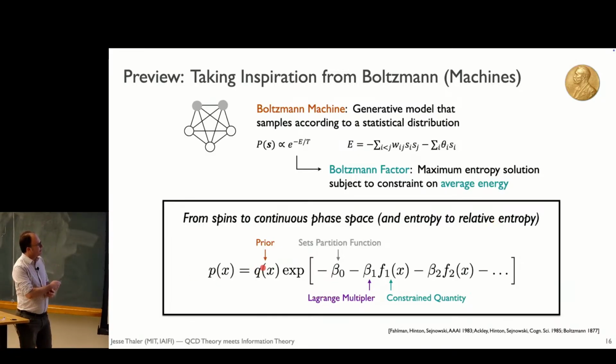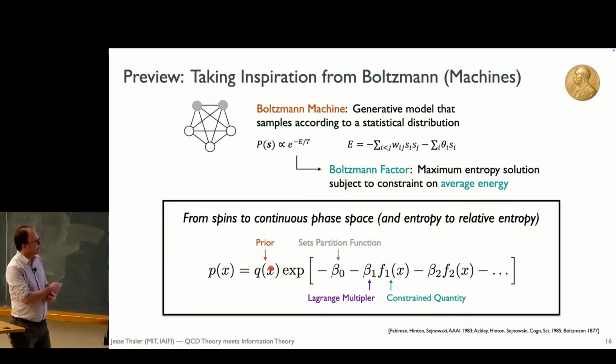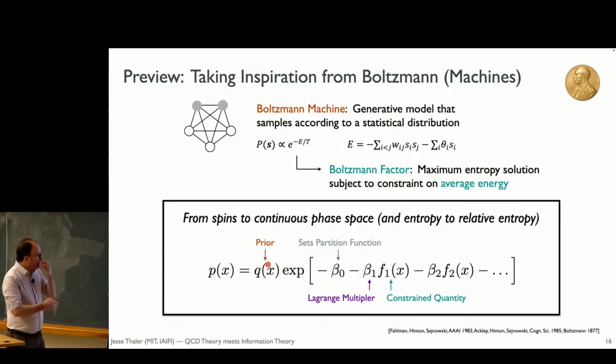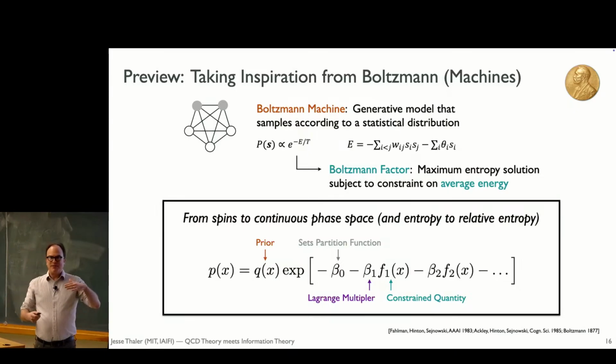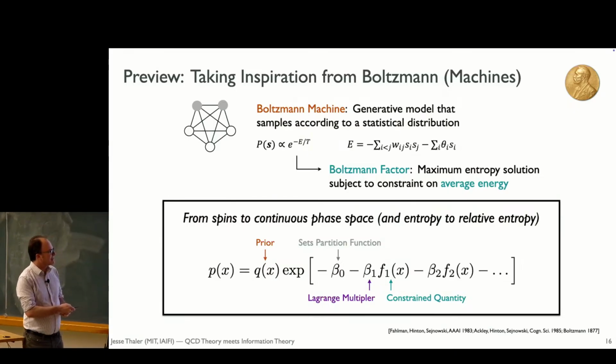is saying that you start off with the thing that you're doing things relative to, which is known as the prior. Then this e to the minus beta E gets generalized to e to the minus a bunch of terms, where we have a Lagrange multiplier that imposes the constraint, like the 1 over kT, and then some constrained quantity.